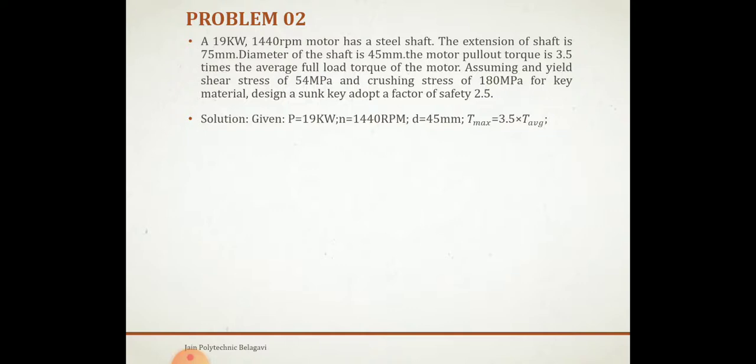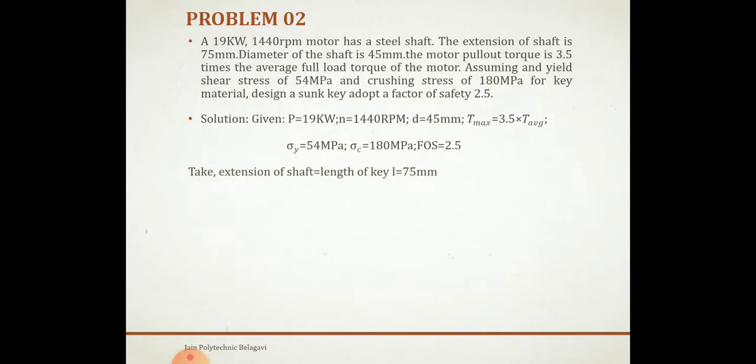So the given data will be: P is given as 19 kilowatt, N is given as 1440 rpm, D is given as 45 mm, T max is given as 3.5 times T average or T mean, sigma y is the yield stress, 54 megapascal, and sigma c, the crushing stress, is given as 180 megapascal, and the factor of safety is given as 2.5. Okay, let us start the problem.